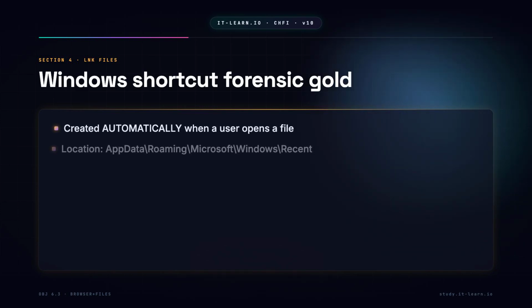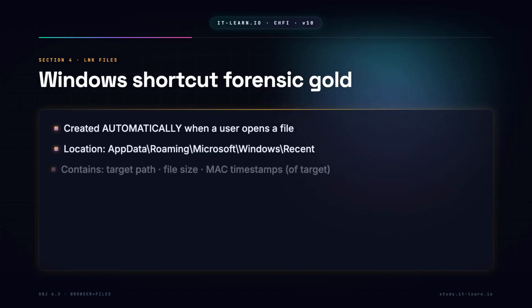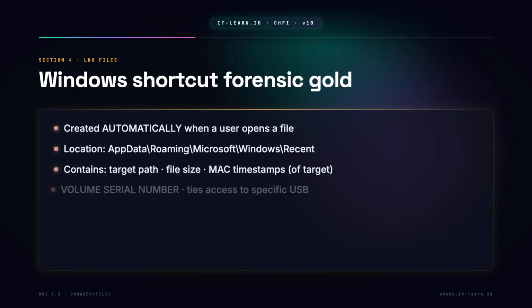LNK files, Windows shortcut files, are created automatically by Windows when a user opens a file. Locations to check: AppData Roaming Microsoft Windows Recent, AppData Roaming Microsoft Office Recent, desktop shortcuts, pinned taskbar items.